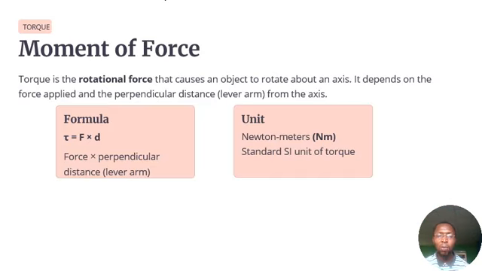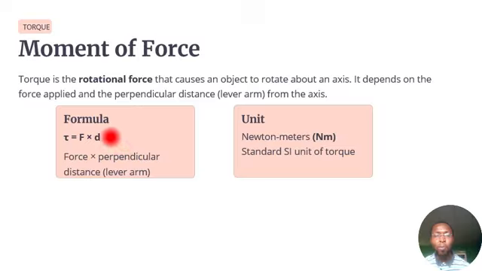Now, we've talked about the moment of force in the previous slide, the product of force and perpendicular distance. We use this T-shaped symbol to represent moment of force. Sometimes we also call it torque. Another word for moment of force is torque, T-O-R-Q-U-E.